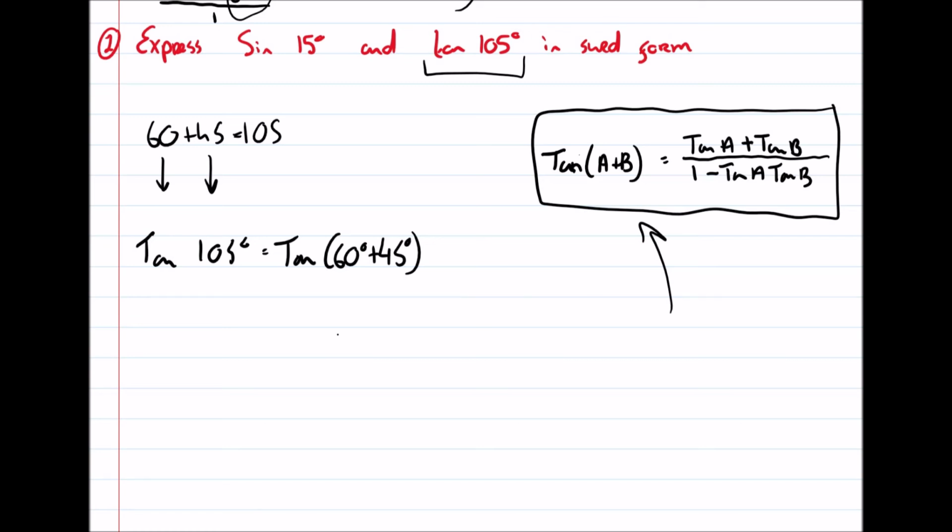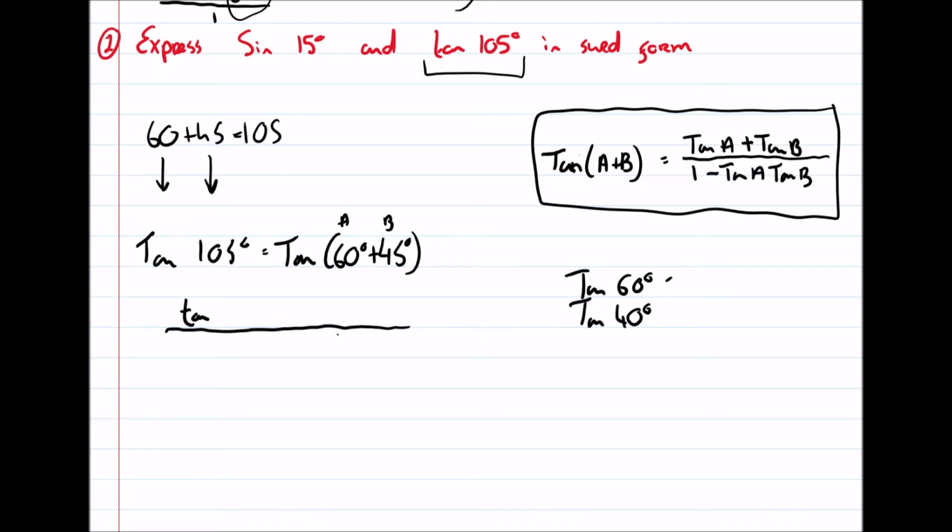Tan A plus B equals tan A plus tan B over 1 minus tan A tan B. So this will be our A, this will be our B. And we'll set this up. So we have tan of A, I'll just tell you what tan of 60 degrees is and the tan of 45 degrees is.